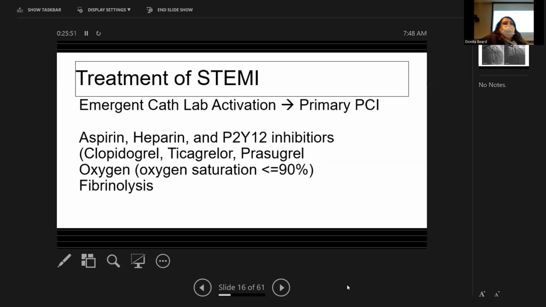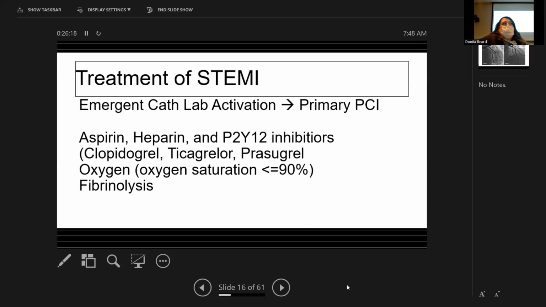Treatment of STEMI goes straight to the cath lab. Things have changed a lot over the last several years because of primary PCI in STEMI. We're going to talk about some of the complications of myocardial infarctions, but in the emergency department, every chest pain patient should get aspirin, hopefully en route via the ambulance.